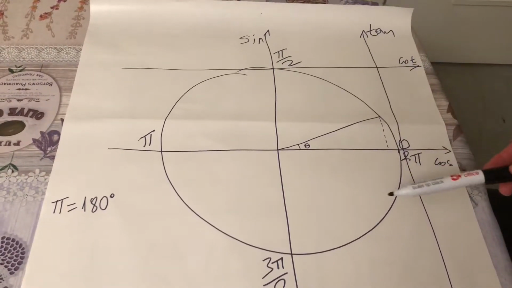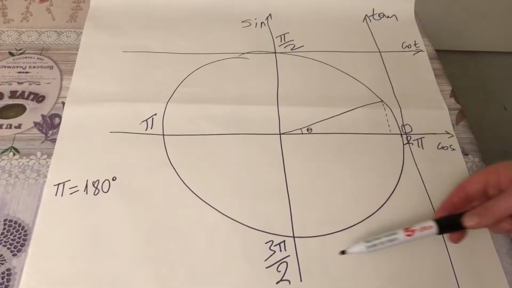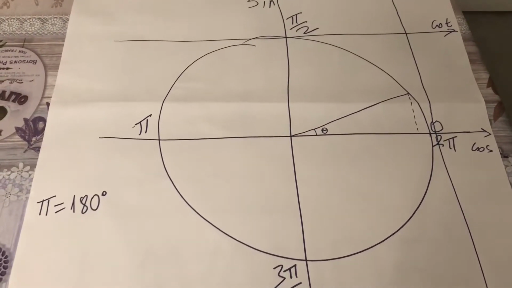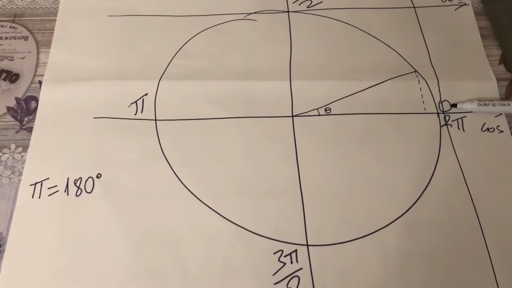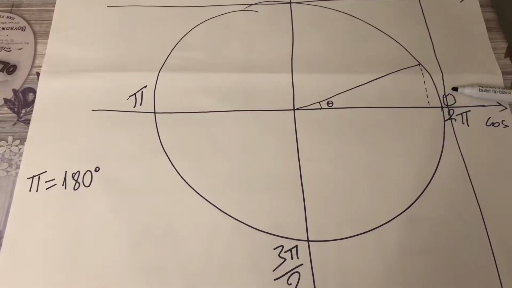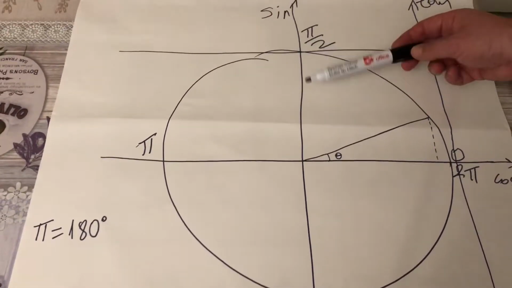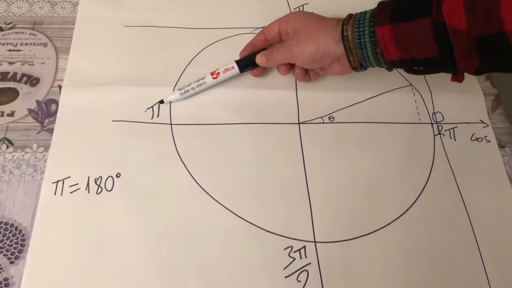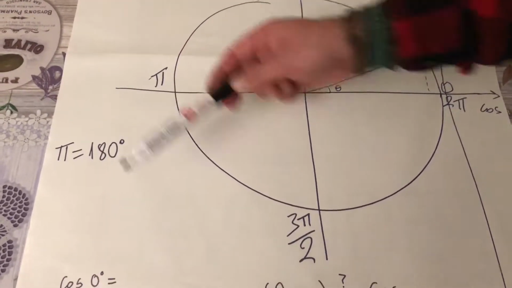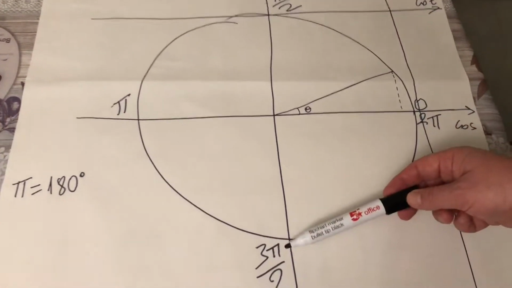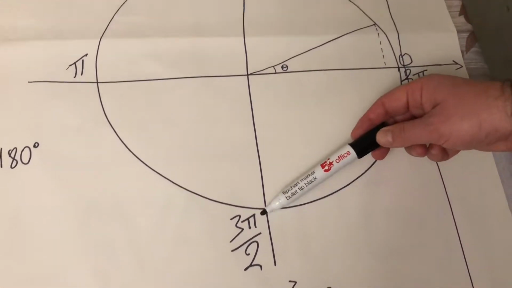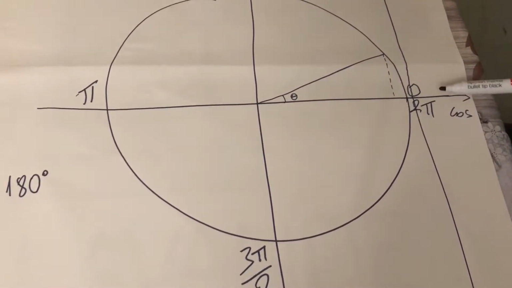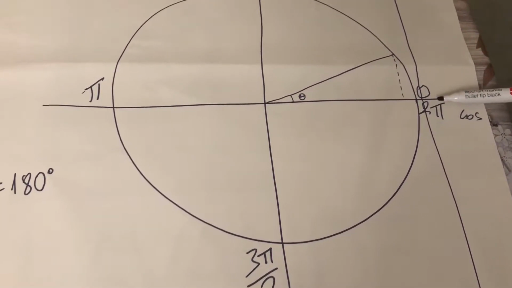This is the unit circle which we use in trigonometry, and in the unit circle we start from 0 degrees angle. This is pi over 2, which is 90 degrees. This is pi, which is equal to 180 degrees. 3 pi over 2 is 270 degrees, and we complete the cycle at 2 pi, which is equal to 360 degrees.